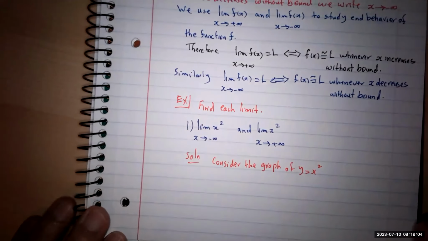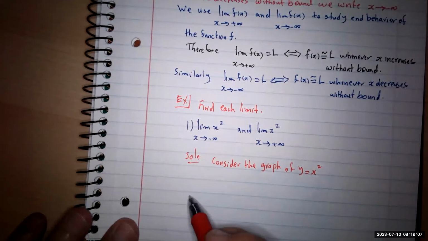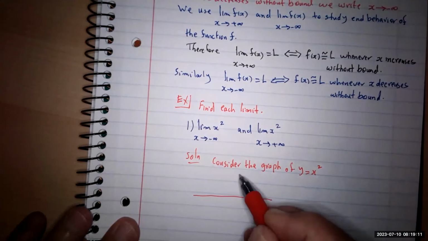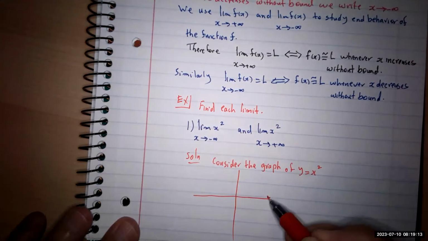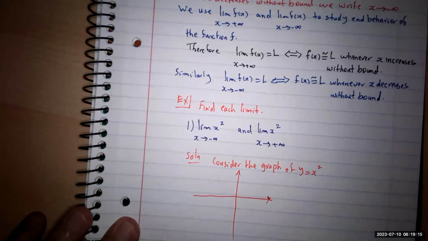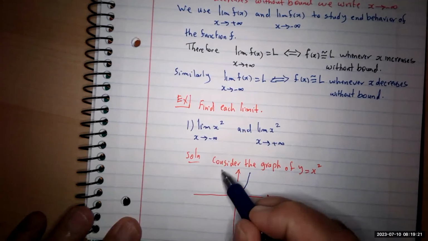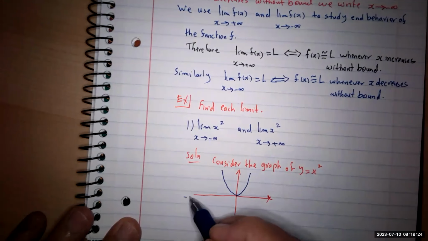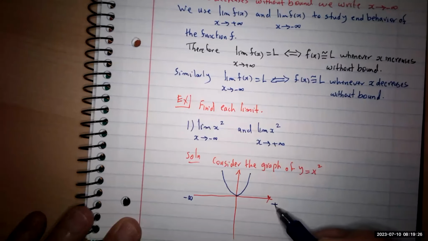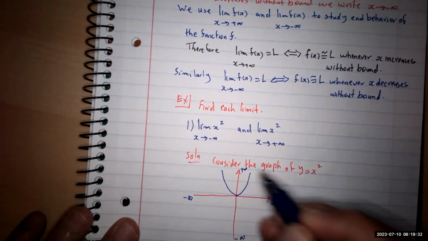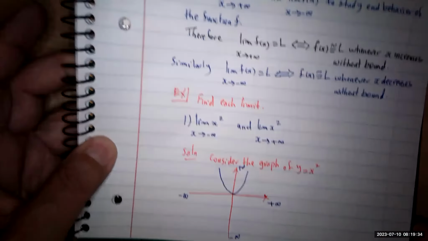So we get the parabola here, y equal to x squared. The domain goes from negative infinity to positive infinity, and the y values go from negative infinity to positive infinity over here. Just check.